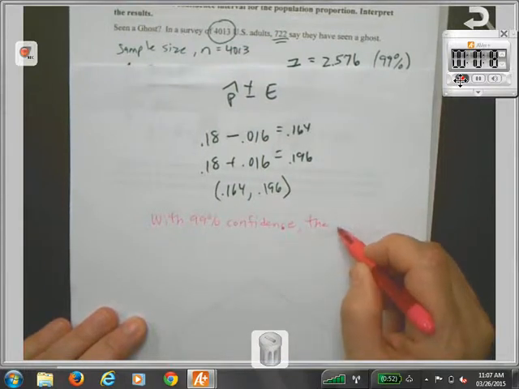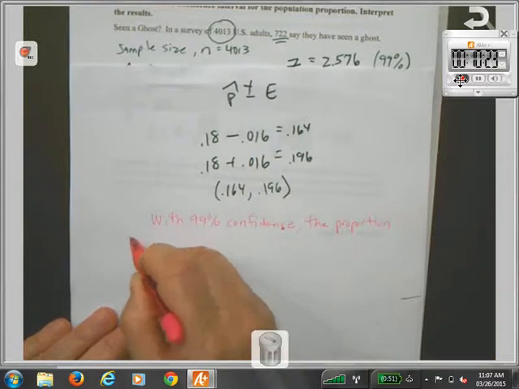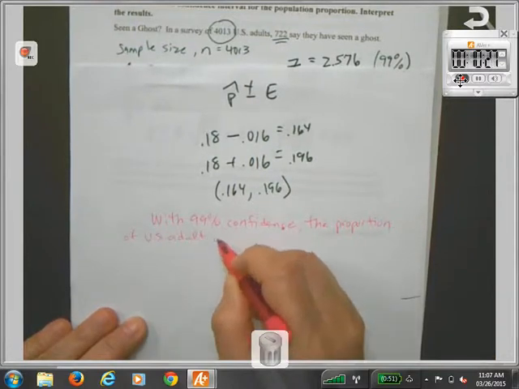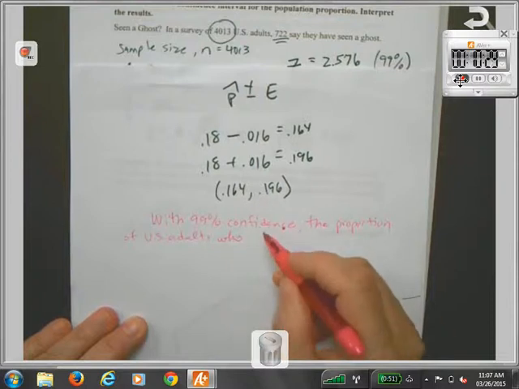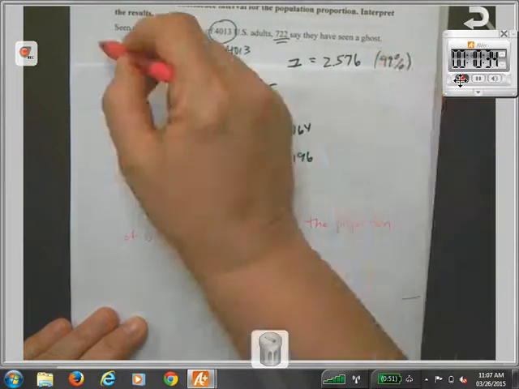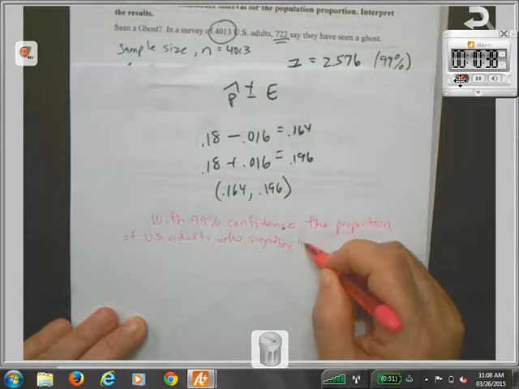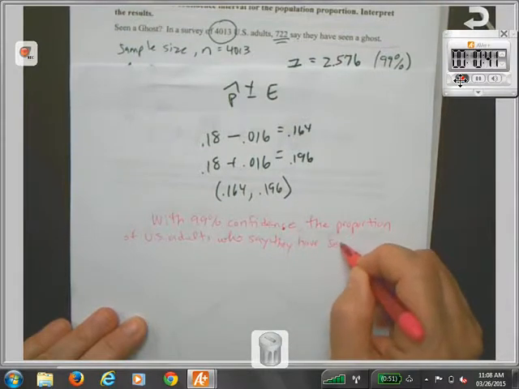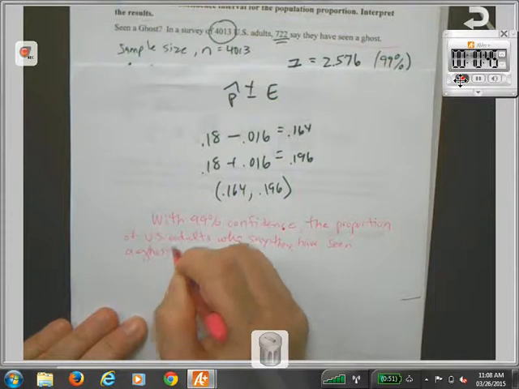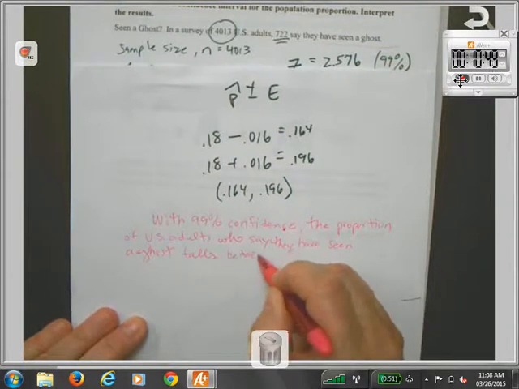the proportion of U.S. adults who say, and again, I'm pulling the words right out of the problem, who say they have seen a ghost falls between, and here's where you put your interval.